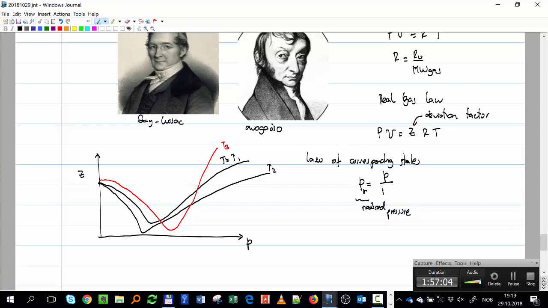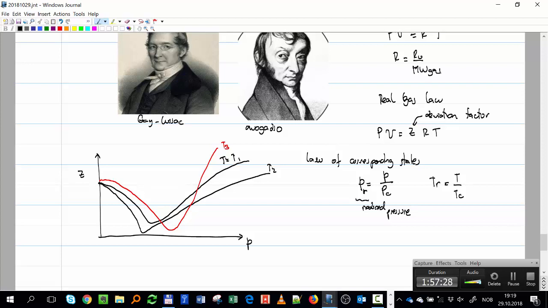Pressure divided by the critical pressure of the substance that I have. A reduced temperature is the temperature divided by the critical temperature of the substance. And by doing that, all the measurements they had for all substances collapse into one plot. Okay, they fall one on top of the other.